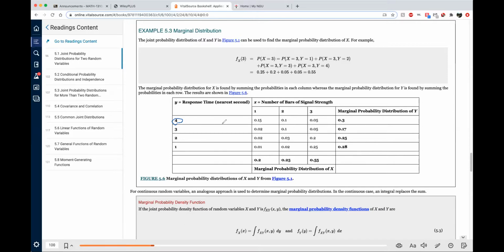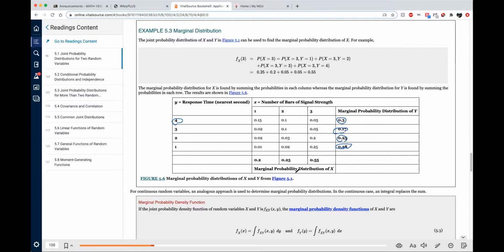We find the probability that x equals 1 and y is 4, plus the probability that x equals 2 and y equals 4, plus the probability that x is 3 and y is 4, and adding them up gives 0.3. That's the marginal PMF of y equals 4. Similarly, 0.17, 0.25, 0.28 are the marginal PMFs of y equals 3, 2, 1.